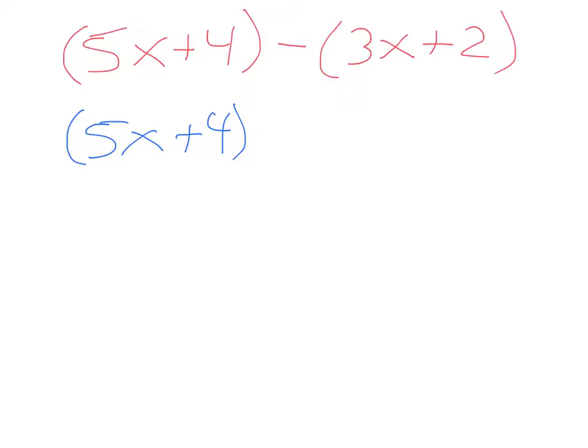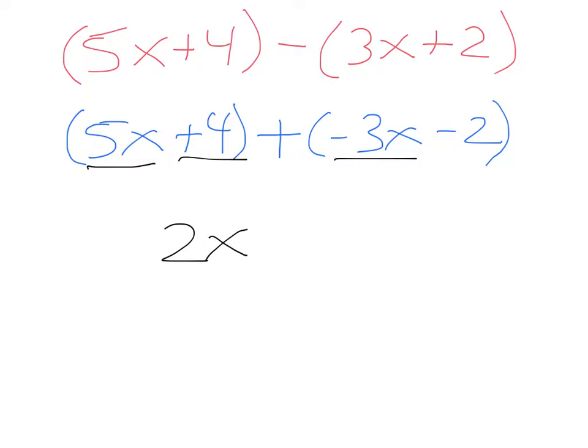Take the subtraction, make it addition, and change the second linear expression into its opposite. What is the opposite of 3x plus 2? That's right, negative 3x minus 2. Now I'm just adding linear expressions together. Add the like terms. 5x plus negative 3x is 2x, and 4 plus negative 2 is plus 2.